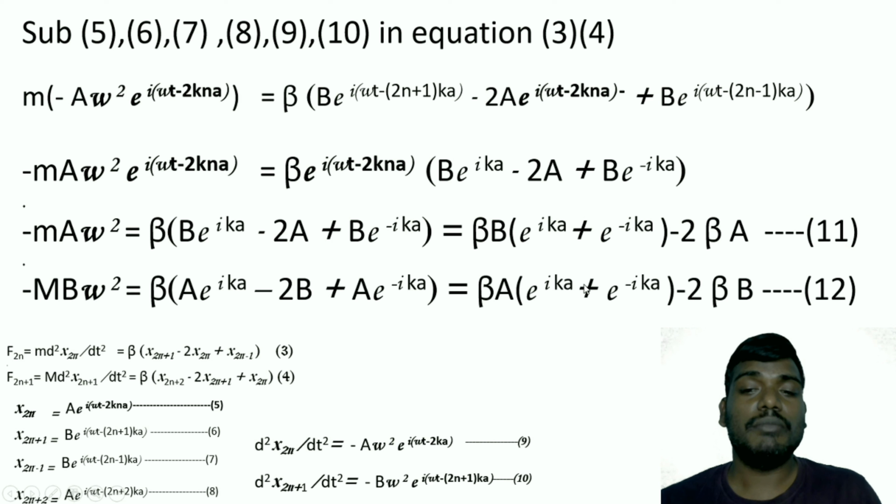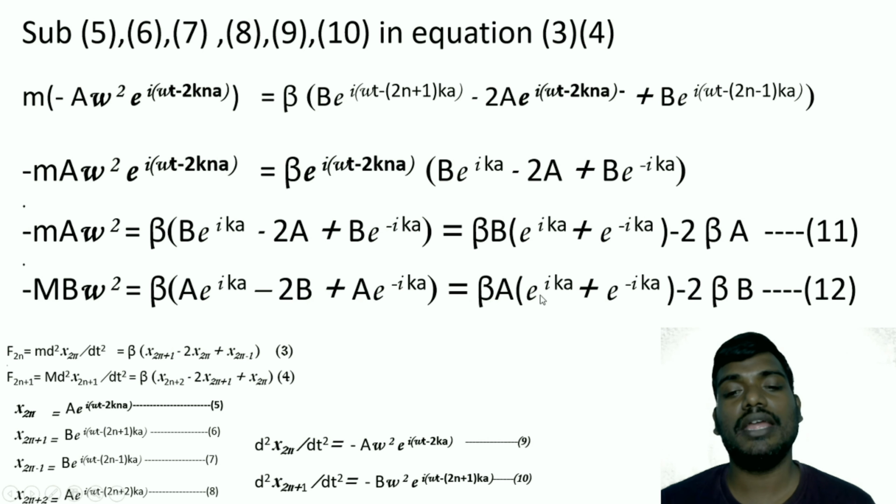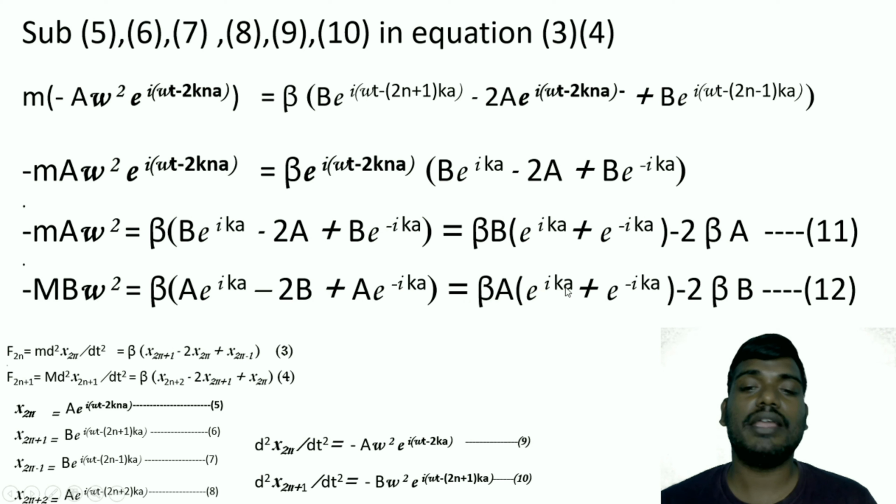Then similarly we substitute in the fourth equation, and we get the same values, but A is replaced with B and small m is replaced with the capital M. Minus M B ω² is equal to β times (A e^{iKa} − 2B + A e^{−iKa}), equal to β A (e^{iKa} + e^{−iKa}) − 2βB. The equation is named as 12.